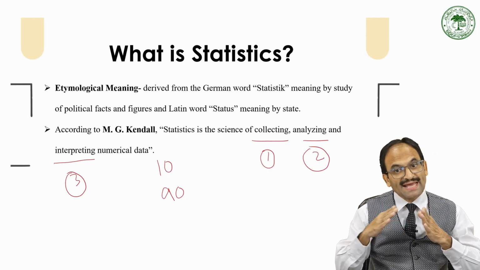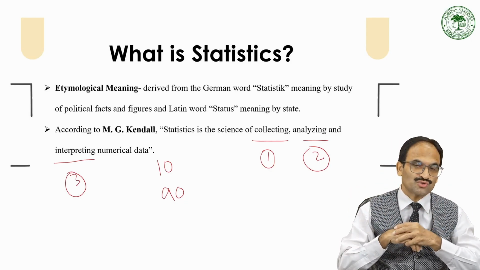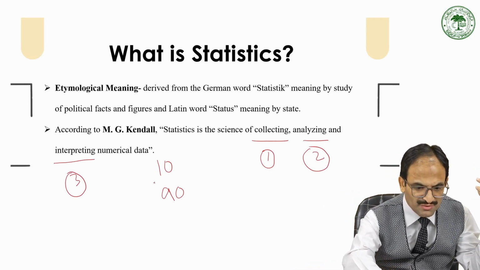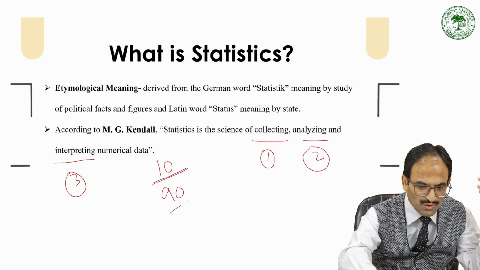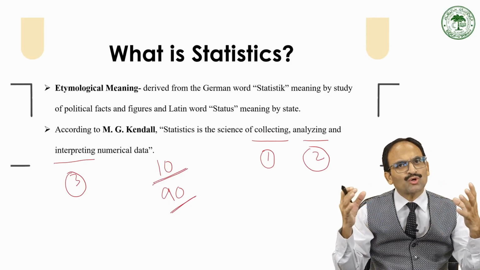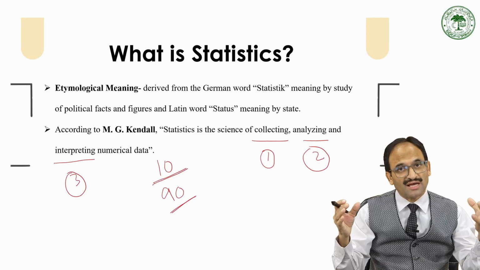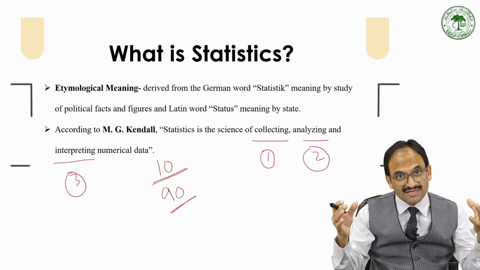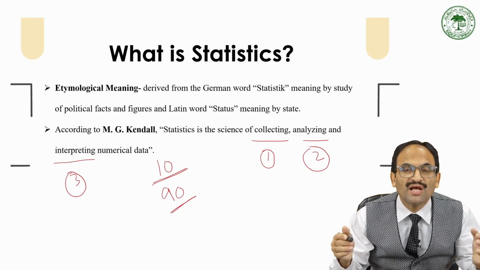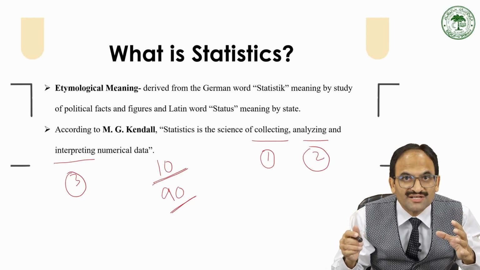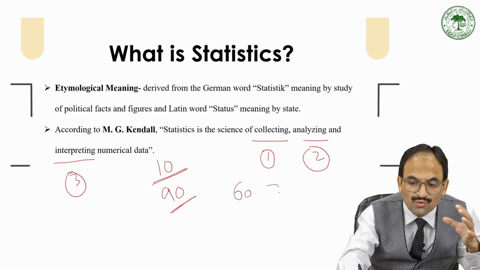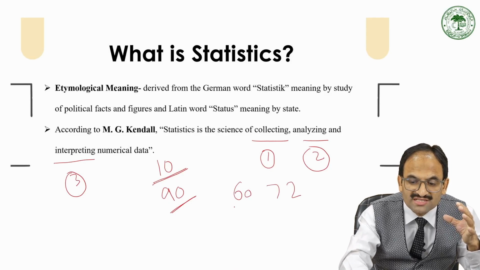Then comes analyzing the data. Which score is the lowest score? Which score is the highest score? Is my group homogeneous? Is my group heterogeneous? In one particular classroom, I found that out of all the 100 students, the lowest score was 60, whereas the highest score was 72.